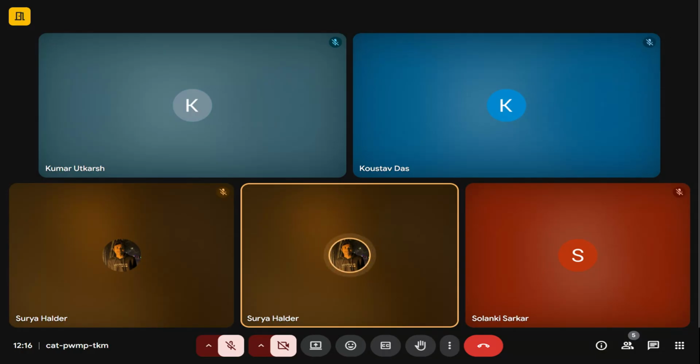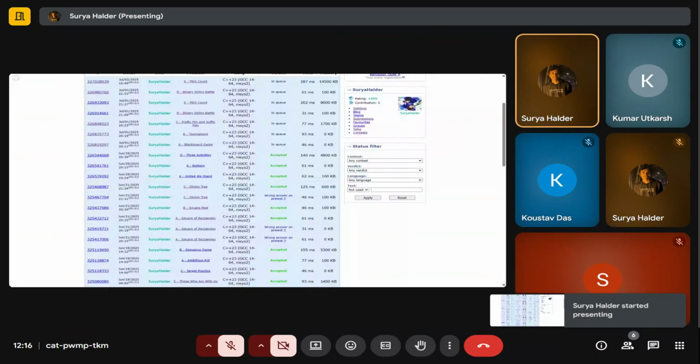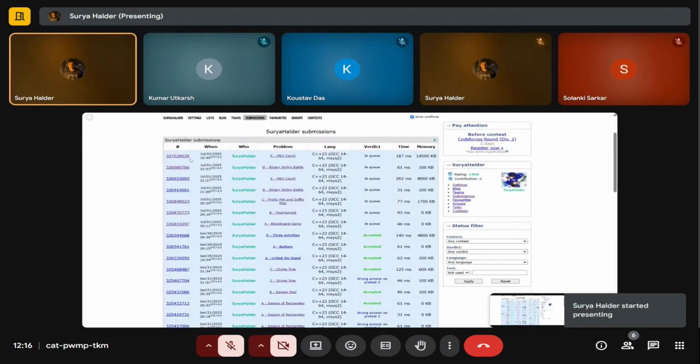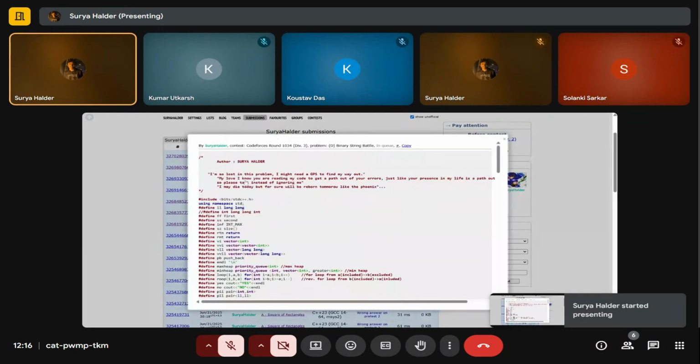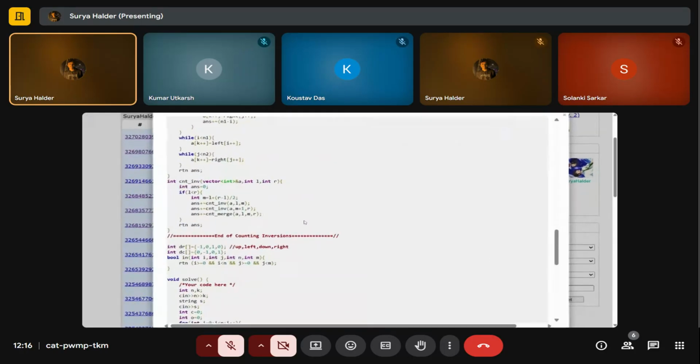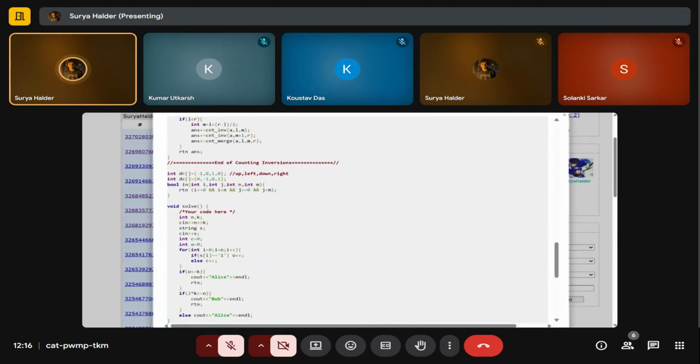Okay, so I will share the code with you. I have taken n and k as input. I have taken the string as input. C is counting the number of zeros.